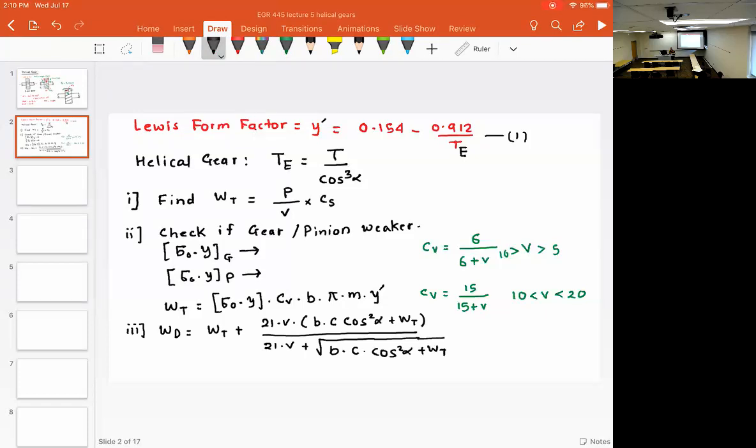Now this equation is different than the spur gear design.